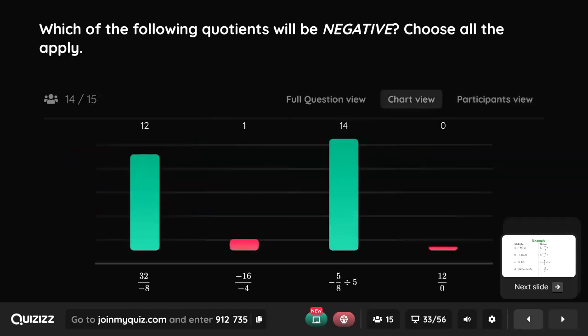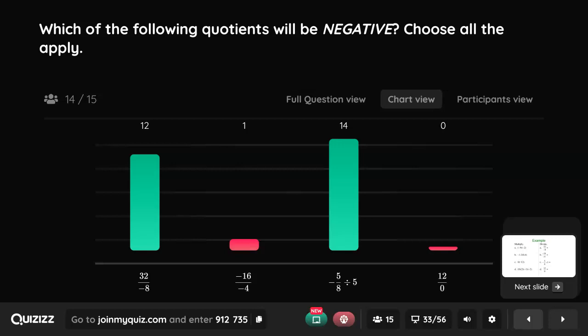All right, different signs, negative, good. Same sign is going to be positive, so we're not going to choose the 16 over 4. Different signs, negative, good, and then 12 over 0. What's 12 over 0? 0. No. Undefined, oh right, because 0 is the opposite.